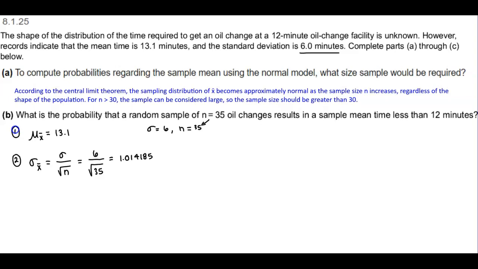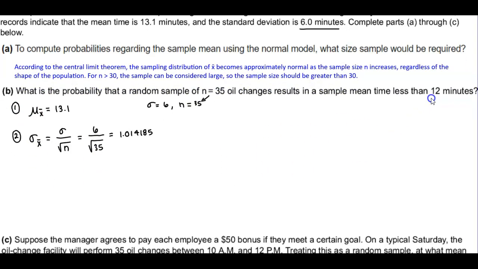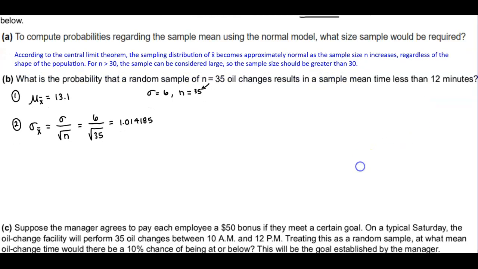Okay, so now that we know what that is, we need to compare this result of less than 12 minutes, and so we need to find the z-score of that. Recall that what we're looking for is the probability of x being less than 12. So we have this bell curve with a mean of 13.1 and we want to find it to be less than 12.